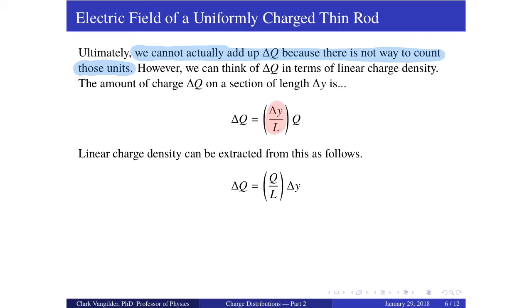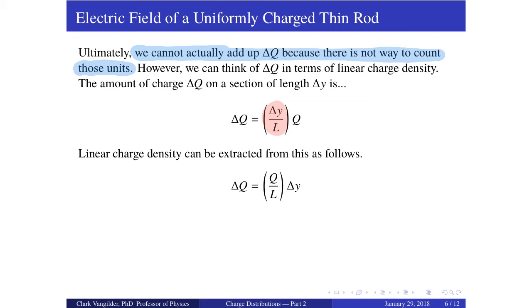What is this right here? Delta Y. That's actually the height of this chunk of charge I'm paying attention to. I don't know how big or small that chunk of charge is. It's a unit. There's infinitely many of them in the length of the rod. So this is a fraction, a delta Y per L.